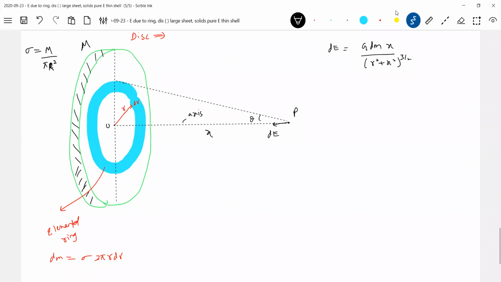Substitute this: sigma 2 pi r dr. We'll substitute and see what we get. Sigma into 2 pi r dr x by... so many terms. What are the variables here? Both r and x are variable, no? And x is some sort of fixed here. Here, small r is the only variable.